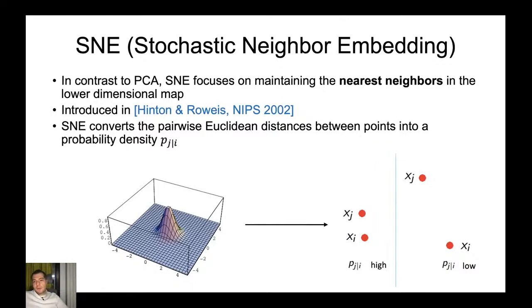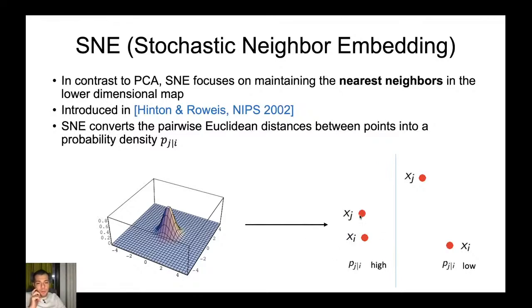So first we're going to discuss the original algorithm, SNE, and then we introduce the updated version, which is called t-SNE. Okay, so first with SNE, we transform these Euclidean distances between data points into a probability density denoted by P of j given i.